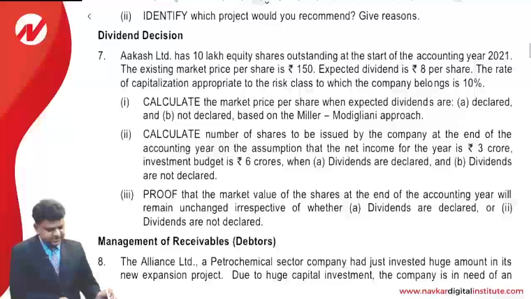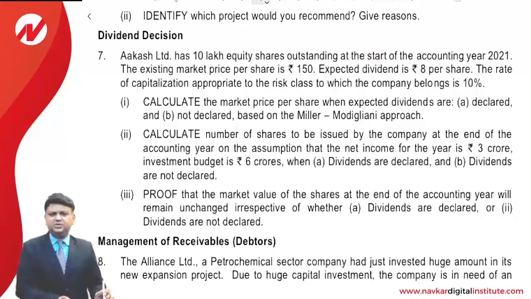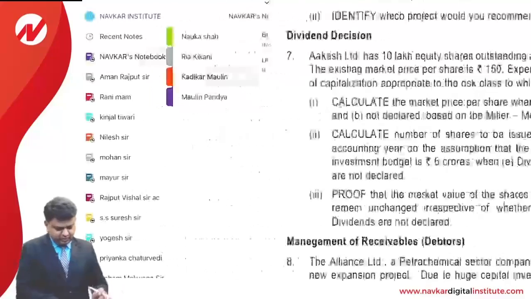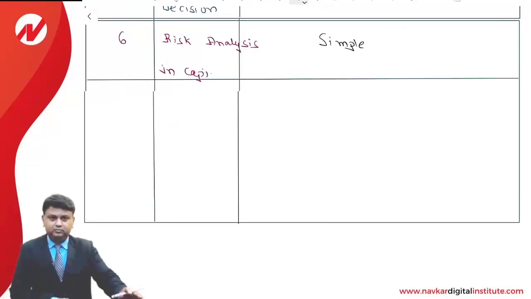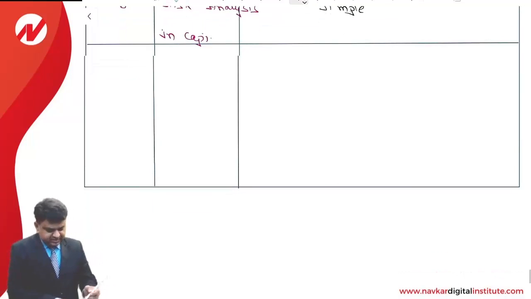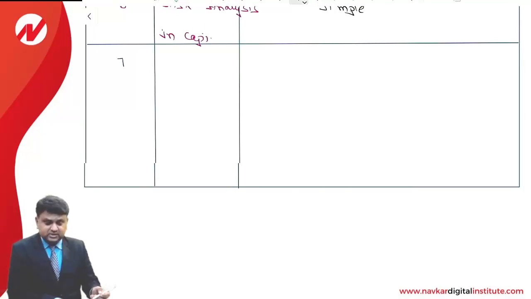Question number 7 is the dividend decision, wherein we are required to compute the value of the firm using the approach, and of course the value is going to remain the same. It is a question from the chapter of dividend policy, and again it is a very simple question.